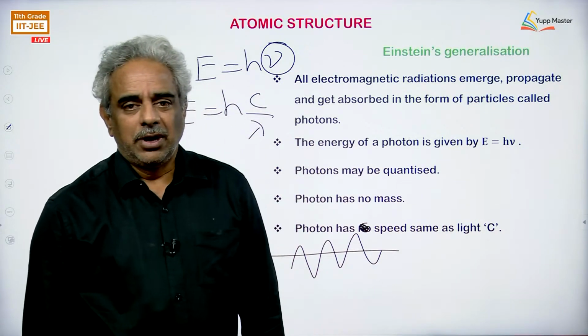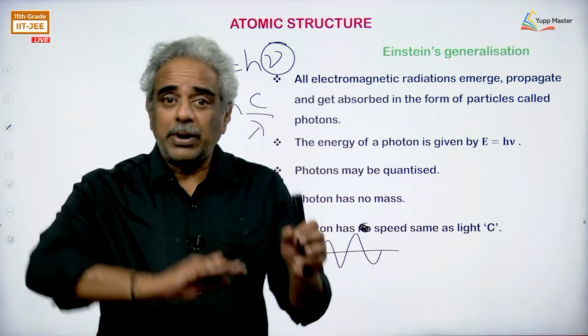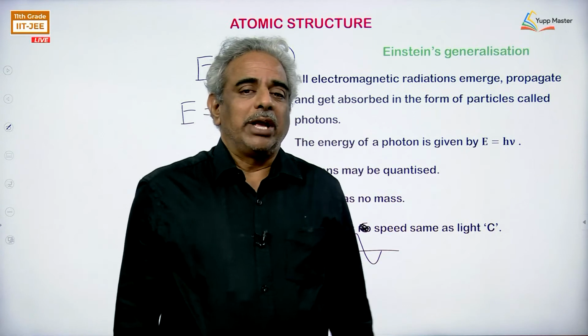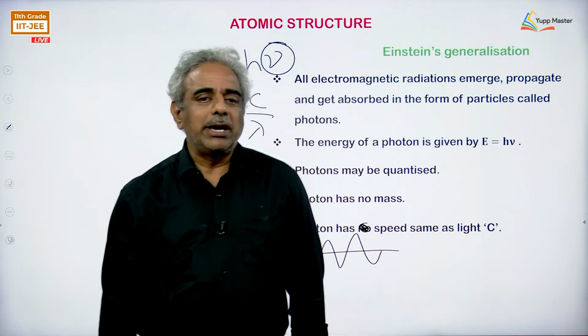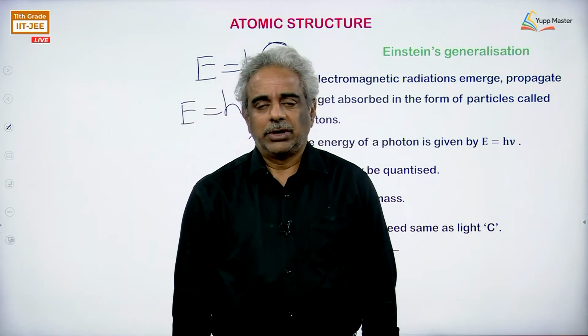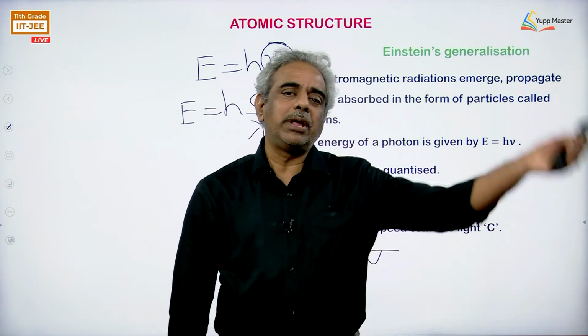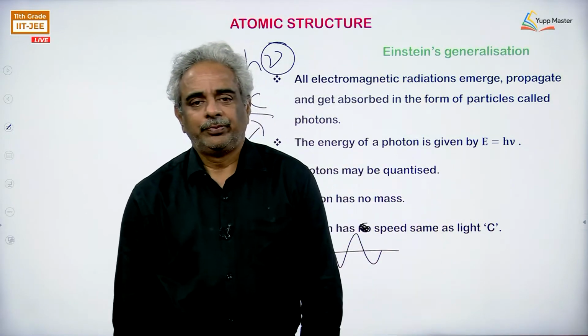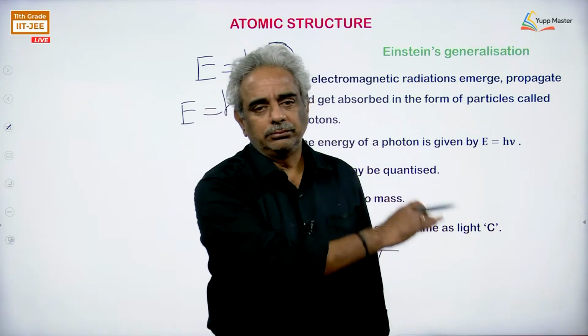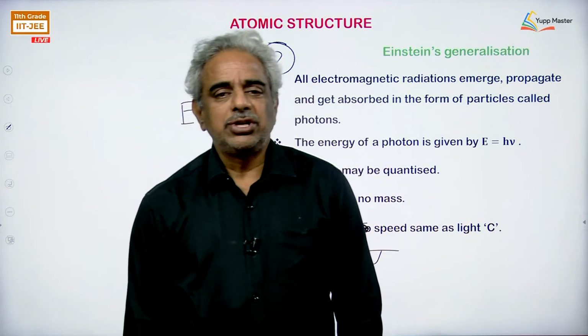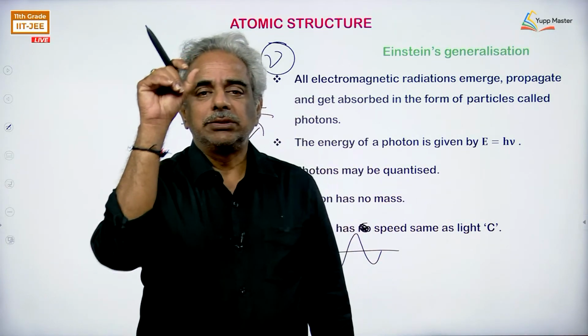Of course, Planck proposed his theory to explain the curves given by blackbody radiation. Einstein has generalized that for every electromagnetic radiation, the complete spectrum. The energy moves in the form of particles.